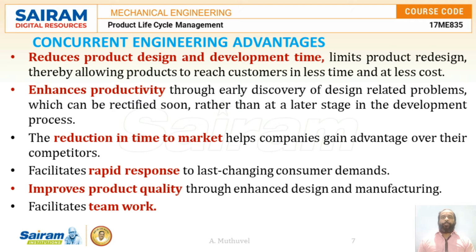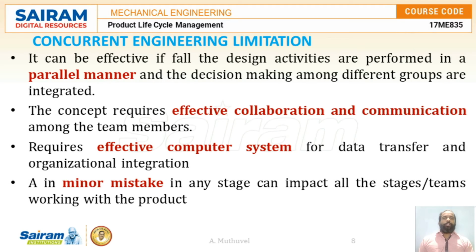The reduction in time to market helps companies gain advantage over their competitors. Facilitates a rapid response to rapidly changing consumer demands. Improves product quality through enhanced design and manufacturing. It facilitates teamwork.